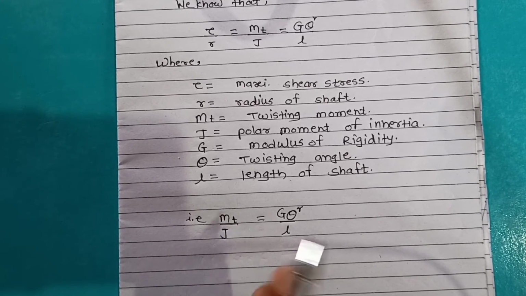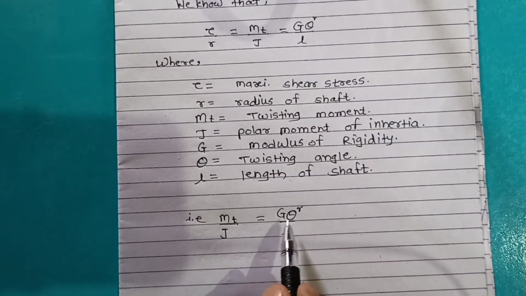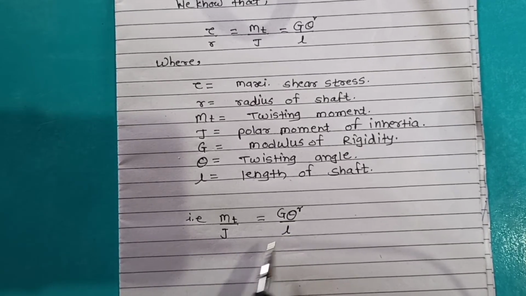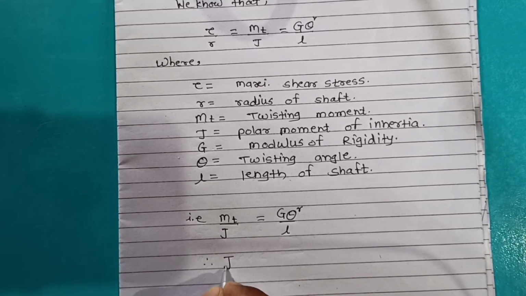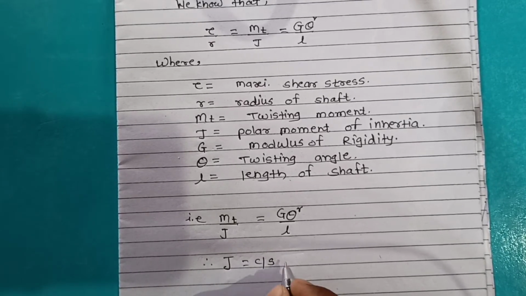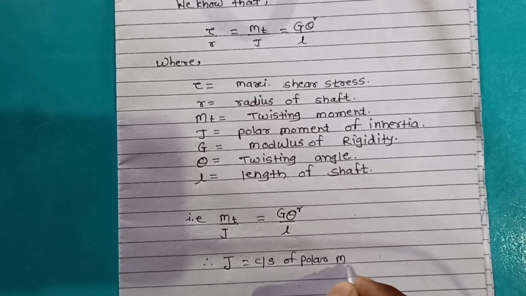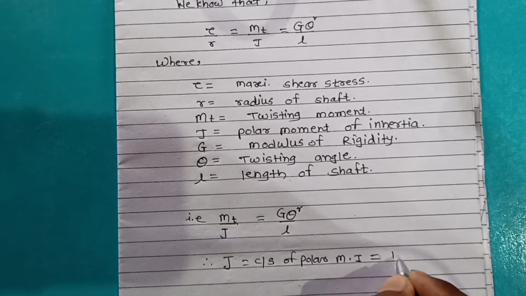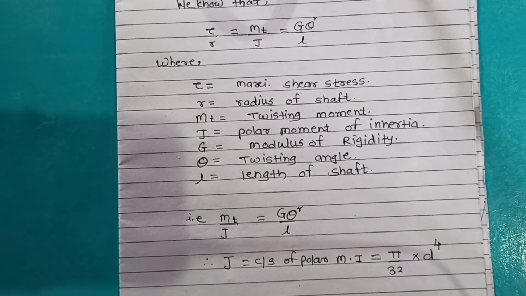Taking these two equations, Mt by J is equal to G theta in radian divided by L. For a circular cross-section, the polar moment of inertia J is equal to pi by 32 into d raised to 4.